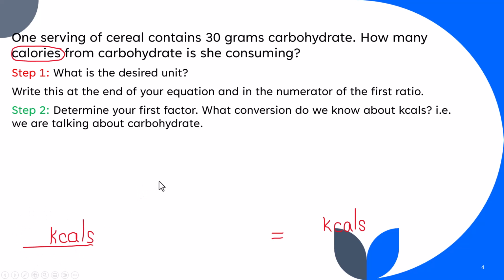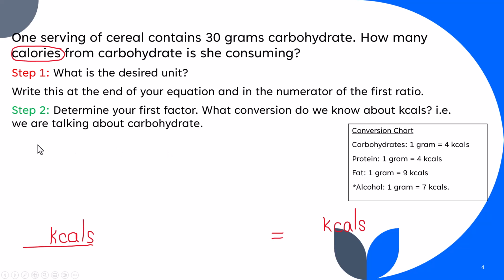What conversion do we know about calories? Well, we know we're talking about carbohydrates, right? So let's look at our conversion chart, and I wrote it over here to be handy. We see that 1 gram of carbohydrate is equal to 4 calories. In this case, we will write the ratio as our first factor. 4 calories over 1 gram.